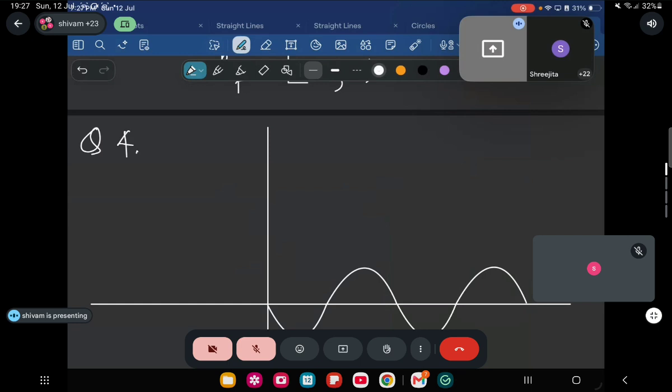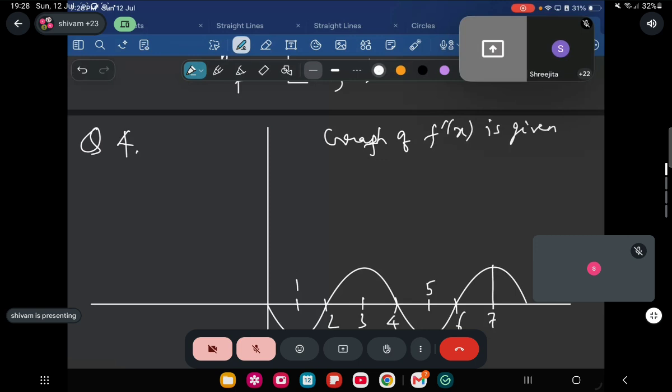This is 1, this is 2, 3, 4, 5, 6. This is the graph of f dash x. Graph of f dash x is given. Okay, 6. This is 7. Some more points are there.